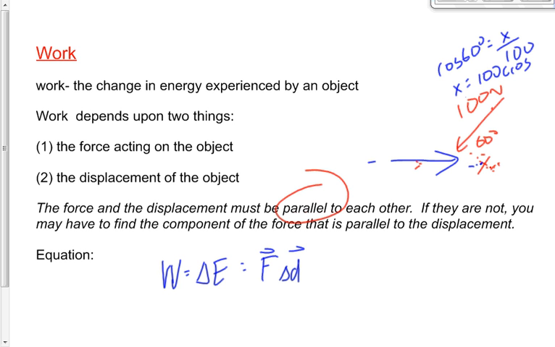In other words, the x component is equal to the force times cosine theta. F cos theta times displacement is the work. The general form of the equation that appears on your data sheet already finds the component of the force parallel to the motion for you.